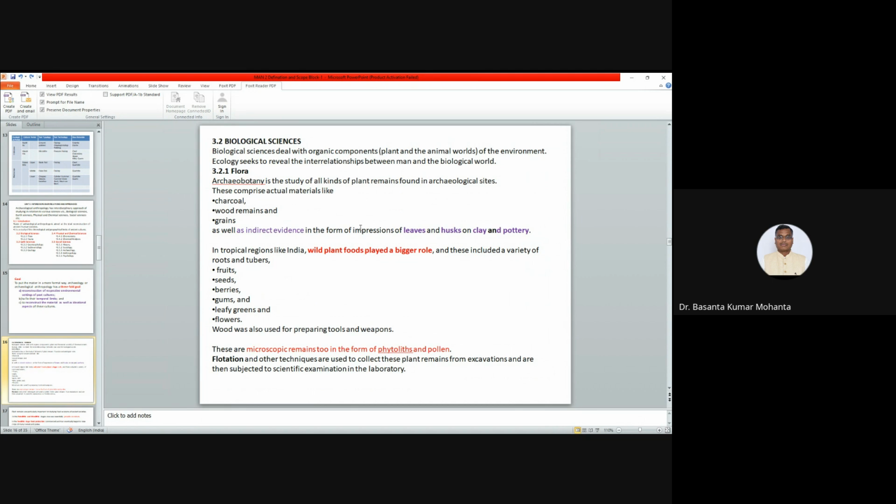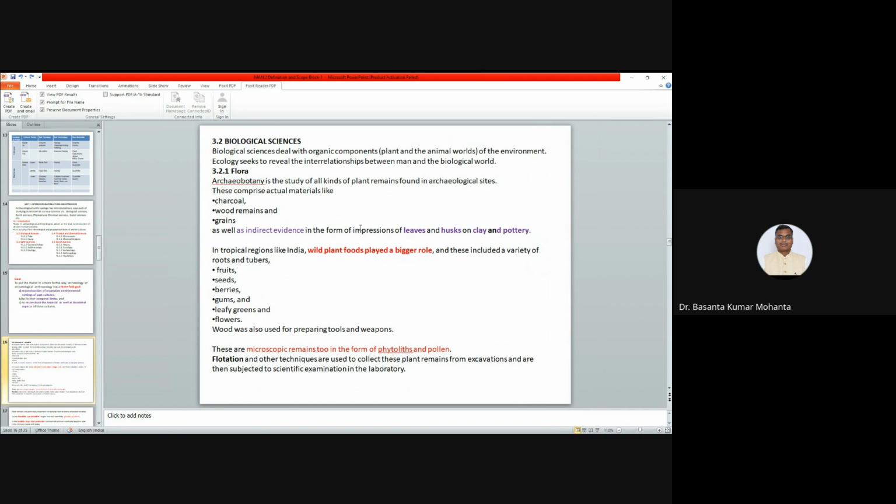So when they are studying the origin and evolution, they study how they evolved, how they originated, and what are the factors behind this evolution and origin. And those data are very much helpful in our archaeological anthropology.